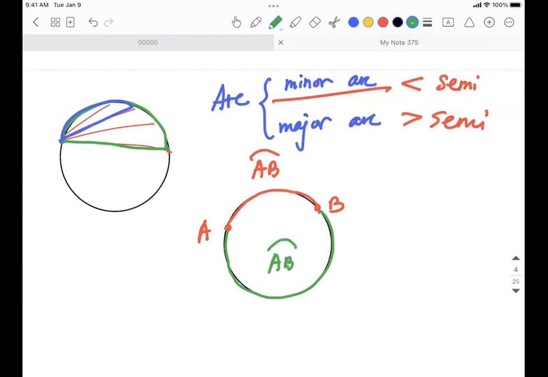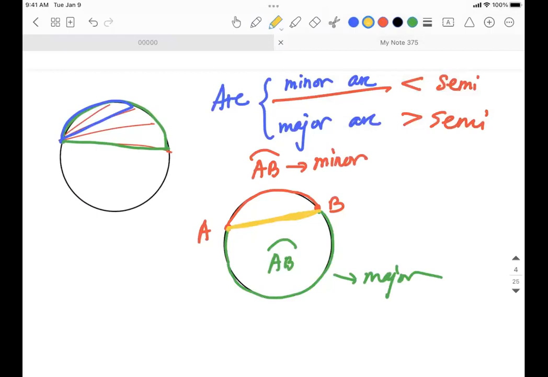The definition of an arc is: I find two points in the circle, and the part of the circle between these two points is considered an arc. Of course, the red AB arc is less than the semicircle, while the green one is greater than the semicircle. So this is what we call a minor arc, and this is what we call a major arc. They are both facing the same chord AB, but you have two different arcs.